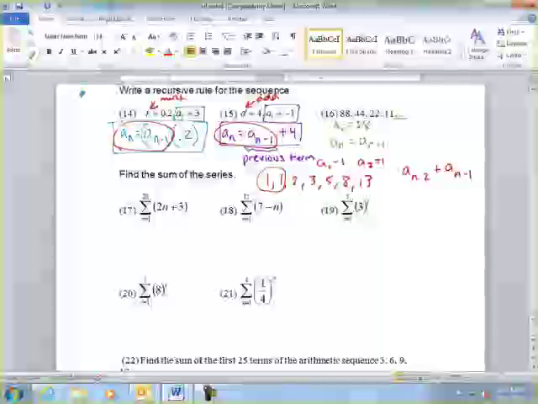We take our previous term and do what with it? Times by a half. Multiply it by a half, or you could say divide by 2. Either way would be fine. So that one was geometric because it was multiplying.